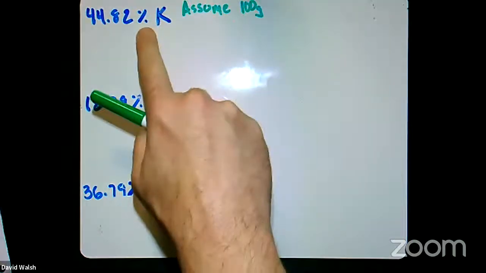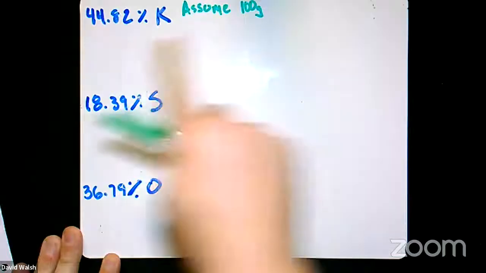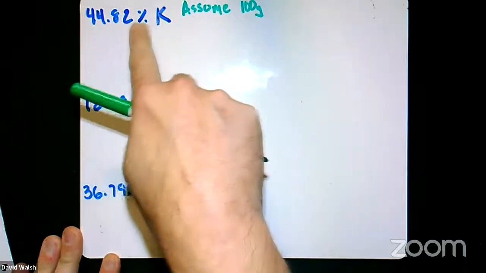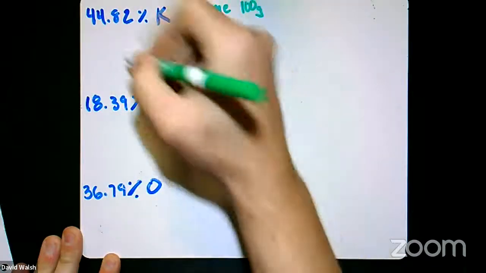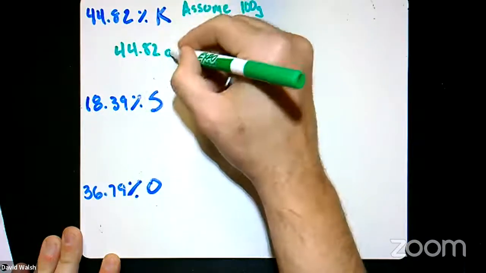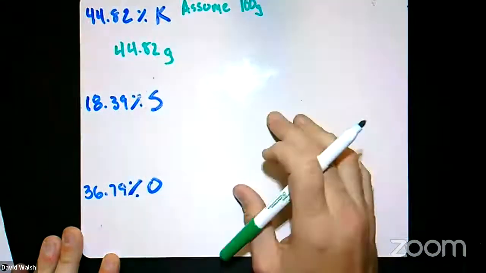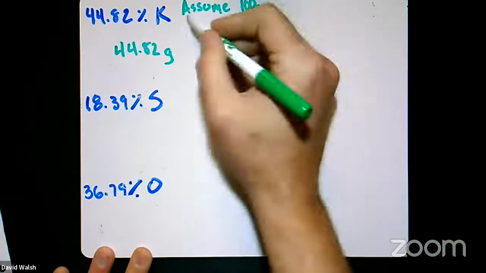It's hard to do math with percentages. So by assuming 100 grams, 44.82% of 100 is 44.82 grams. It's just a way to convert the percentage to grams, just by assuming 100 grams.